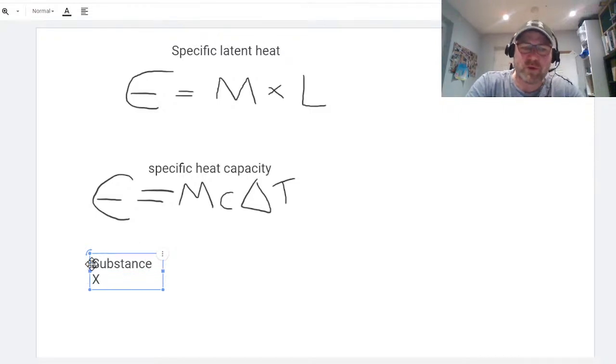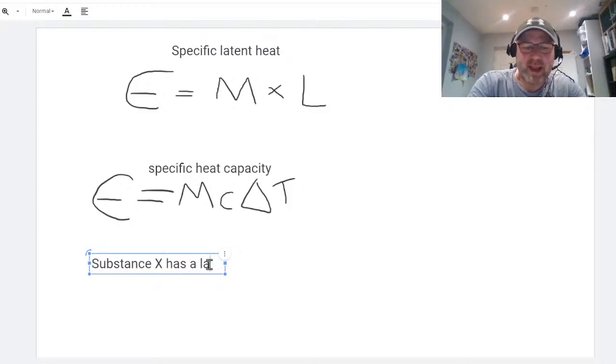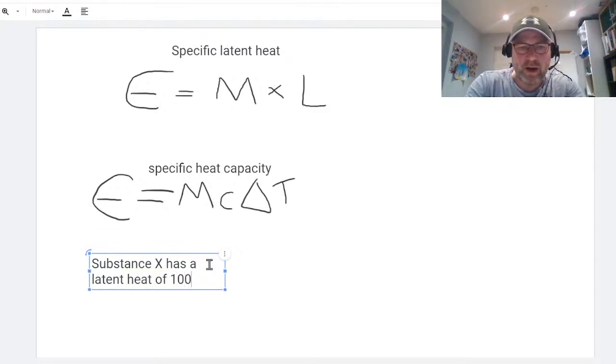Substance X, of course they won't call it substance X, that's just me.